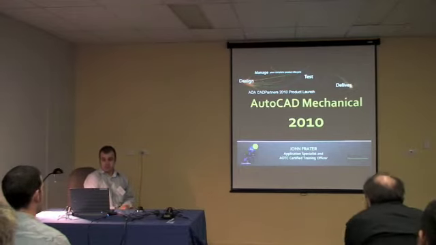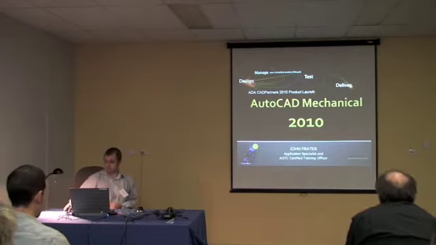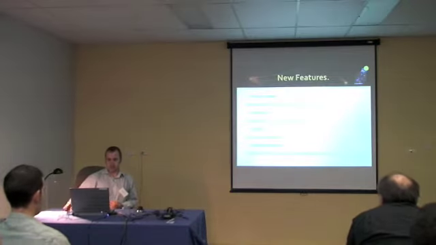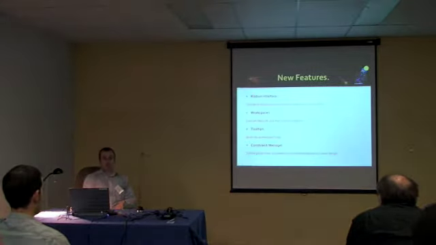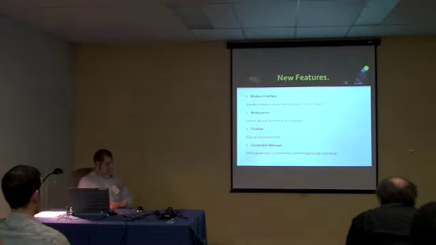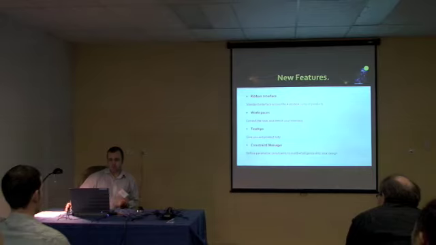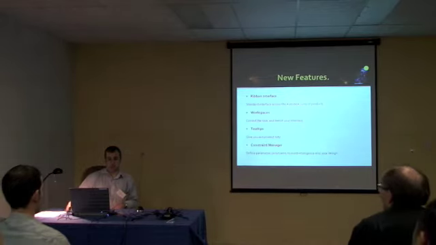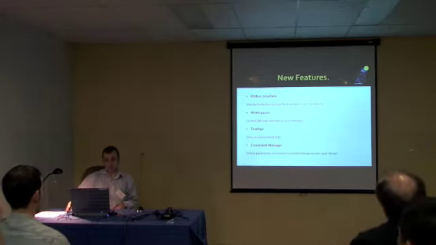Next item on the agenda tonight is AutoCAD Mechanical. Again, ribbon interface and workspaces. I'm getting a bit of feedback here. Ribbon interfaces are standard across the suite of products.